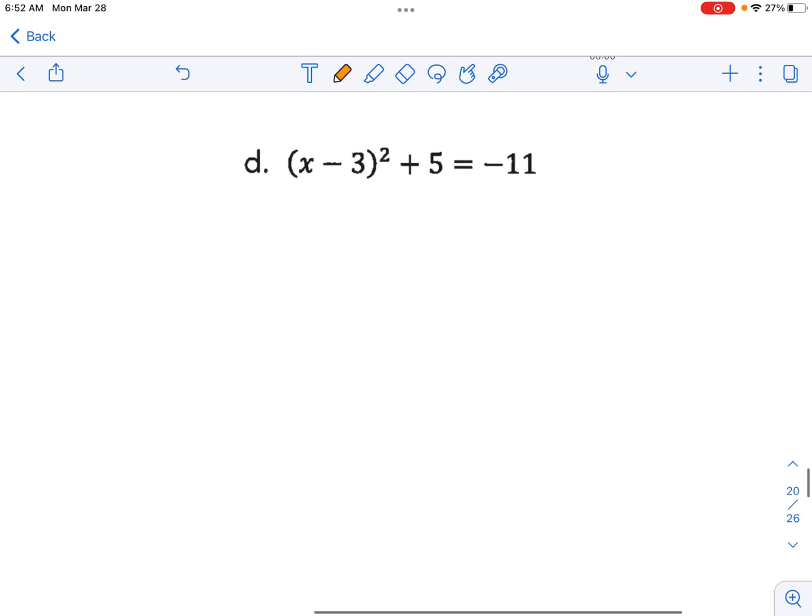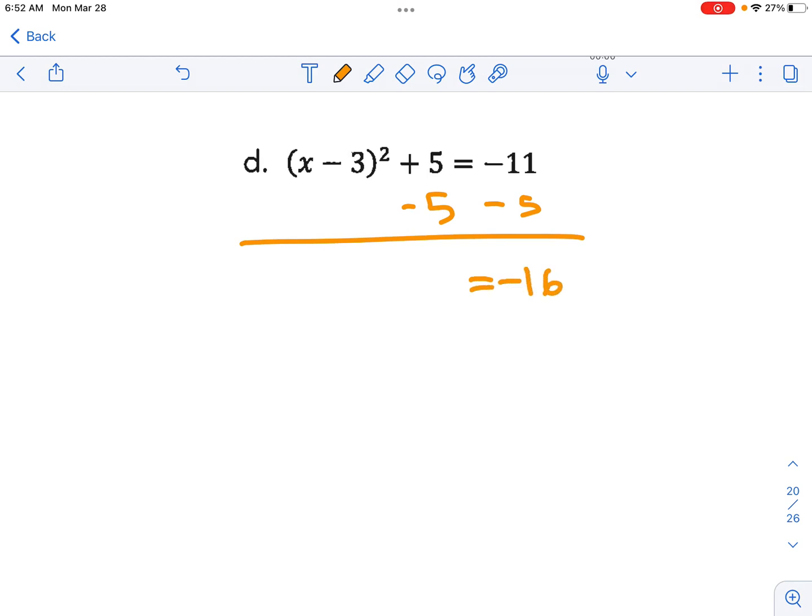And then let's look at D together, because I think it's a bit of a stretch here. We subtract 5 from both sides, we get negative 16 and we get x minus 3 quantity squared. We've isolated the power of 2, so we're going to square root both sides at this point.